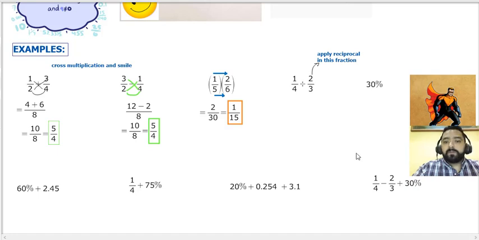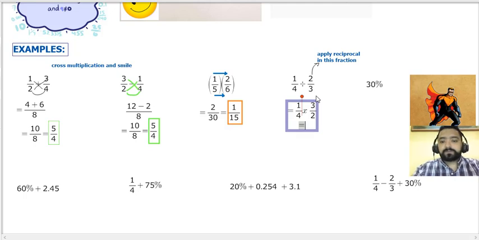The reciprocal means to switch, remember, numerator by denominator and denominator by numerator. So you're going to have 1 over 4, we change the division to multiplication, and we apply the reciprocal in this fraction, which means 3 over 2.